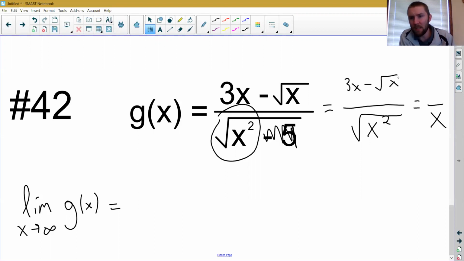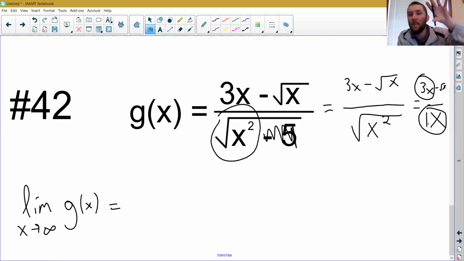And now notice that this has changed some things about my dominant term, right? Because now I have 3x minus radical x over x. And my terms are equally dominant now, on the top with my 3x and on the bottom with what I'll pretend is a 1x, right? Because that -5, we get to pretend it's not there, the bottom of the fraction is not really x squared anymore, it's just x, okay?